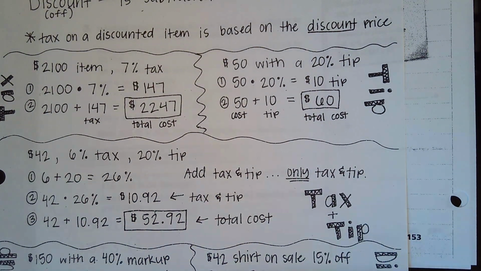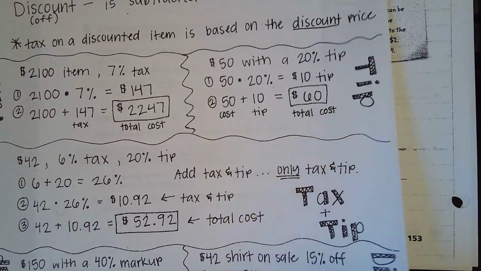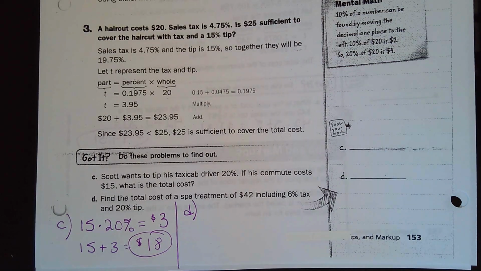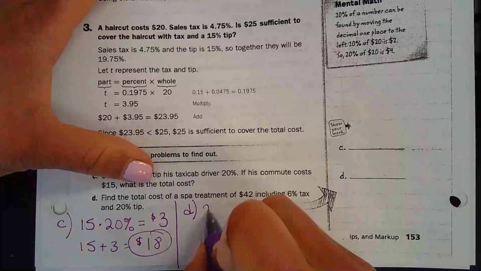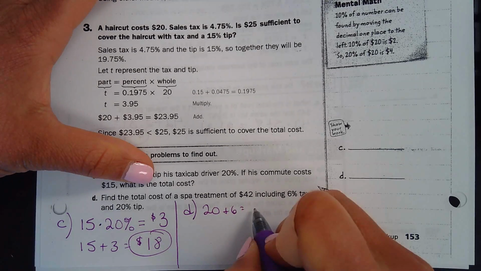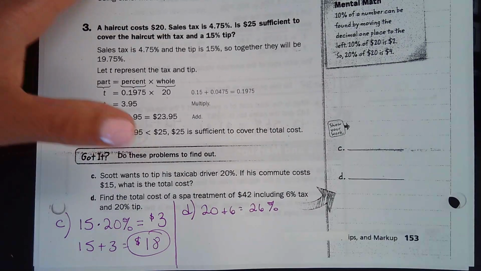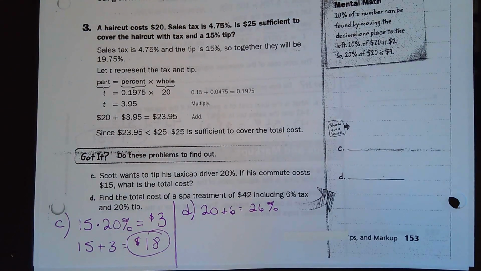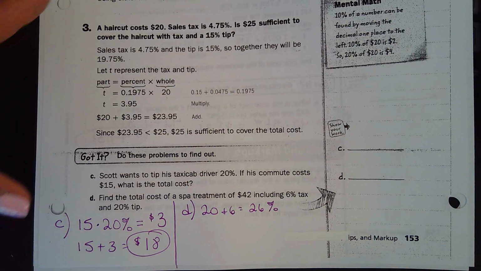You can't do it with tax and markup. You definitely can't do it with discount and tax. It's only tax and tip, because technically you should just tip on the amount of the service, not including the tax. So you're going to take 20 plus 6, which is 26%. Please do not hit 20% plus 6% equals. It will move the decimal for you, and then you'll be using possibly the wrong percentage if you're not aware of it.